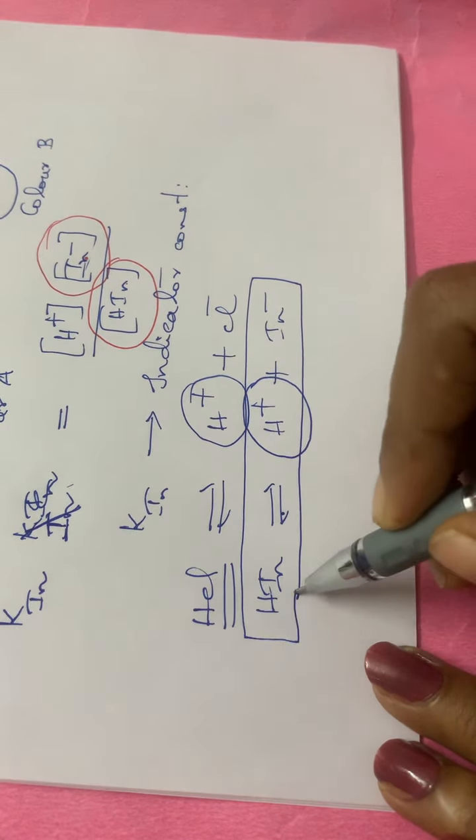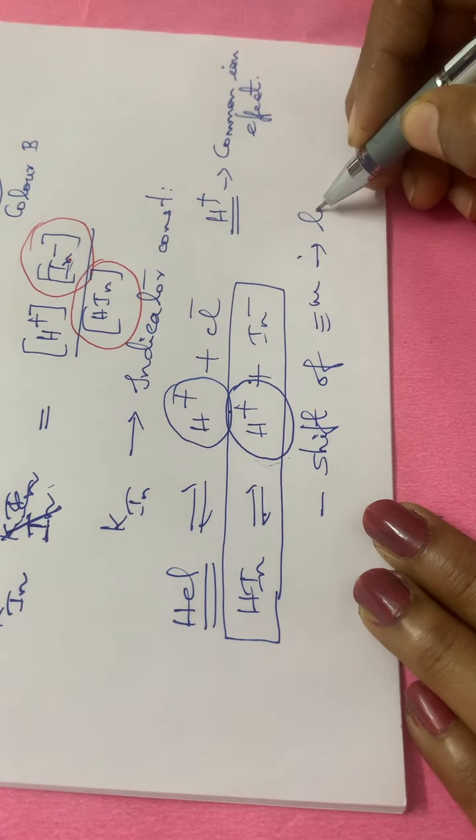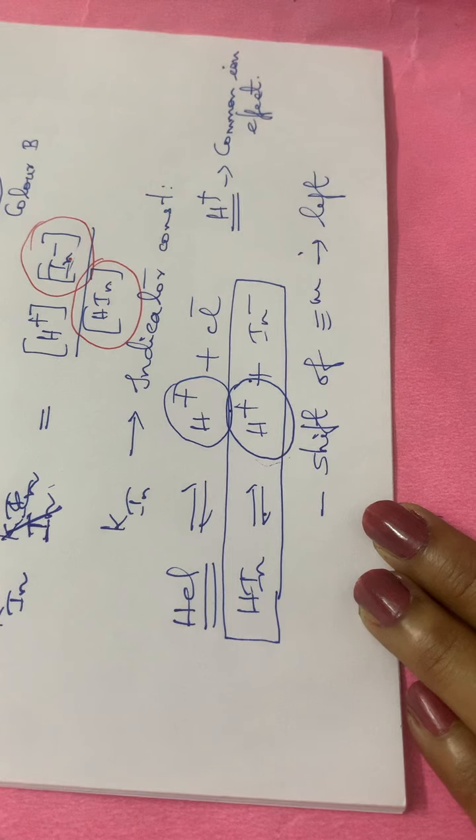So H plus ions will be in excess, and in order to keep the equilibrium constant, the ionization will be suppressed. That means the equilibrium will be shifting towards the left.